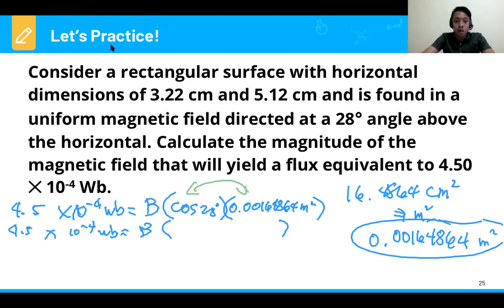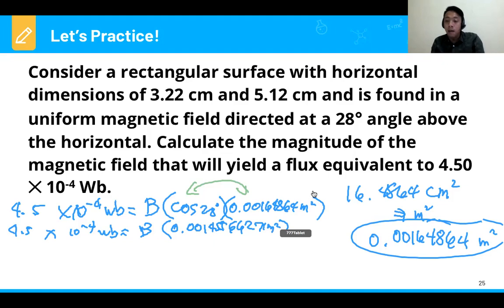And degrees per radian. Okay, so cosine 28 degrees, we have 0.8829475985. So, i-multiply ko lang yung buong yon sa 0.00164864 para medyo malapit yung sagot natin. Okay? So, we have the answer 0.0014556671 meters squared.